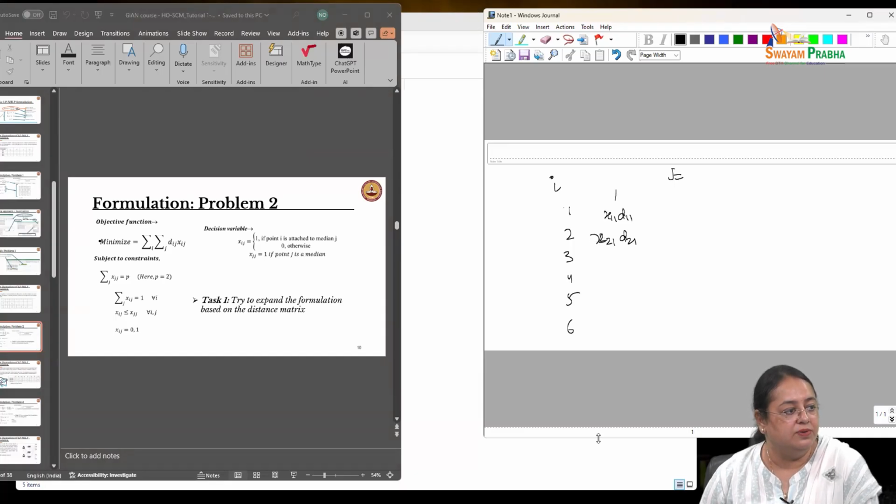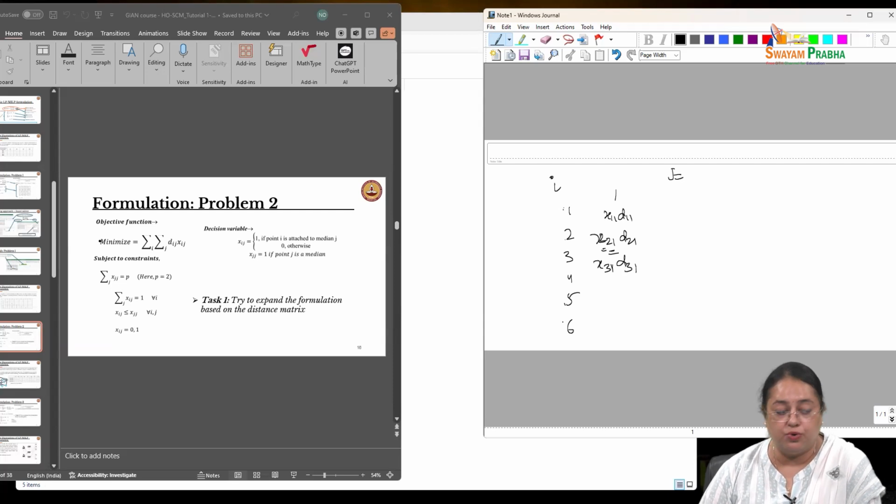Is this okay now? Here I is equal to 2, j is equal to 1. I is equal to 3, j is equal to 1. What is the distance covered by each node up to facility 1 if we decide facility 1 to be the facility location node, potential healthcare node.